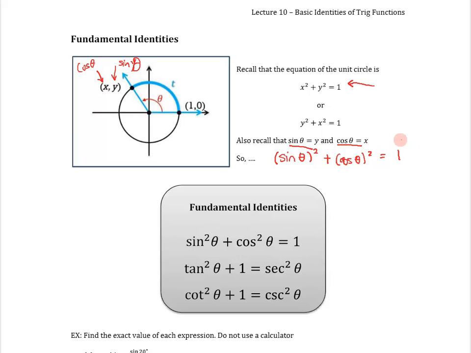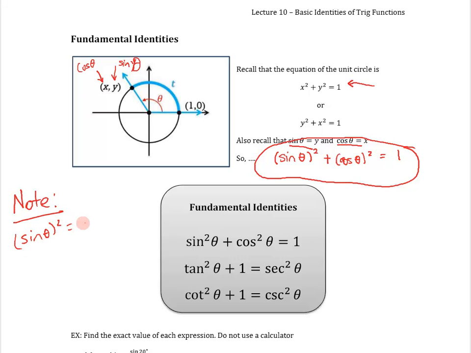This is a fundamental identity that we will use over and over again. By the way, going forward, just for ease of notation, anytime I want to write sine of theta squared, I'm going to write that in this way. Sine squared of theta means the same thing. So when I square the sine, what I mean is take sine of theta and square it.